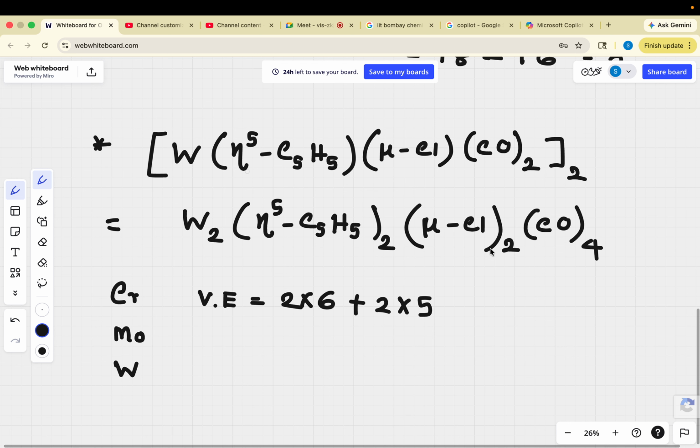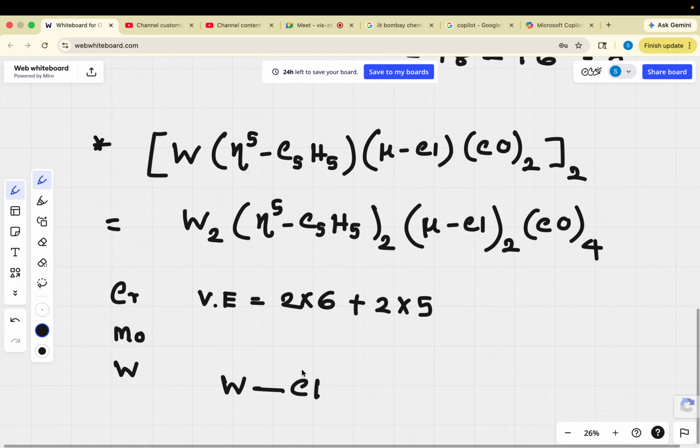Now the question is for mu Cl. This is not your normal chloride ligand. This is your bridging chlorine ligand. If you see how many metal centers you have, 2 metals, right? So chlorine is making a covalent bond with one metal center automatically.